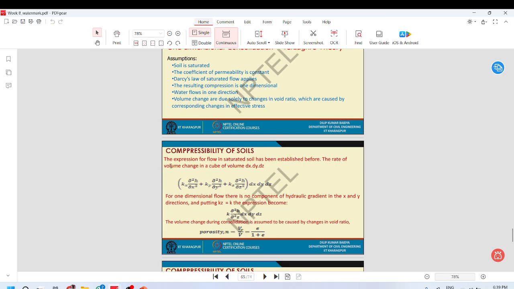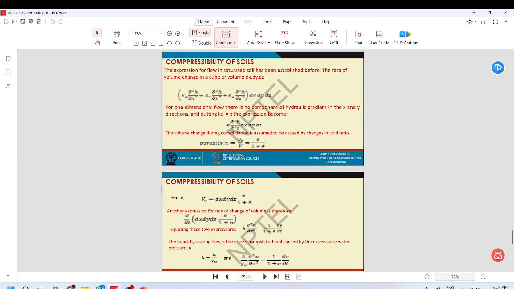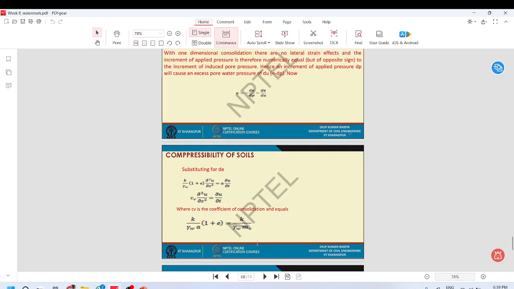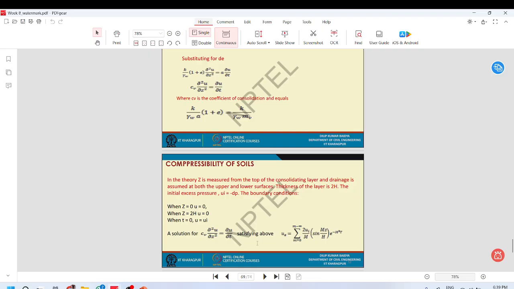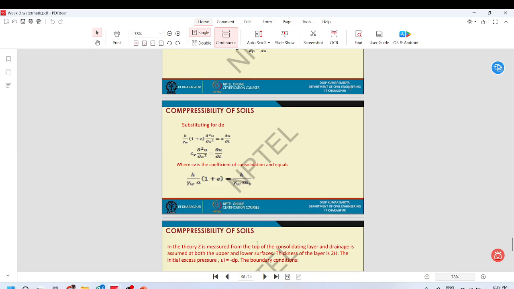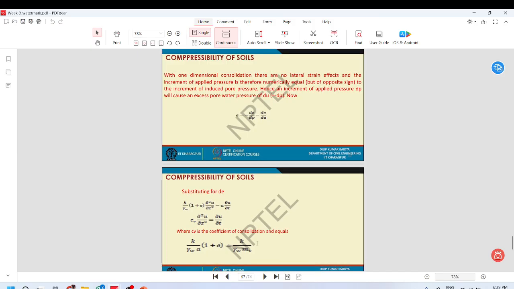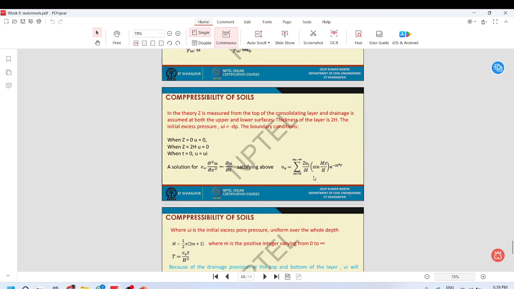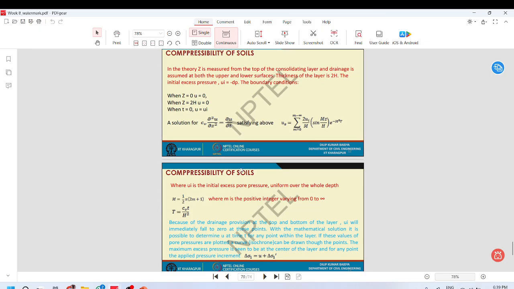So we talked about the compressibility of soil. The solution to the compressibility equation is like this, in which u_i is the initial excess pore water pressure, uniform over the whole depth.